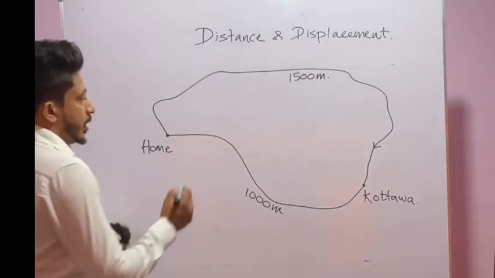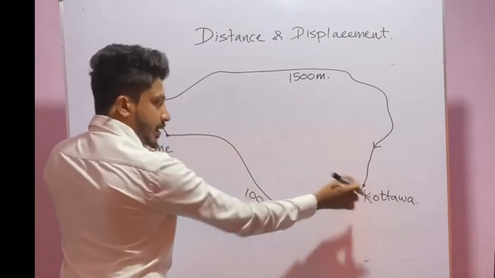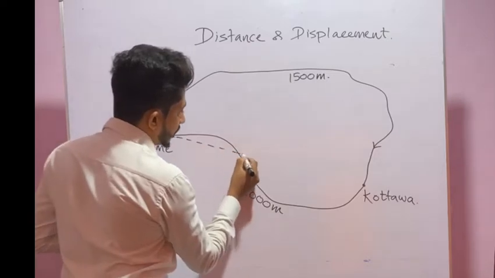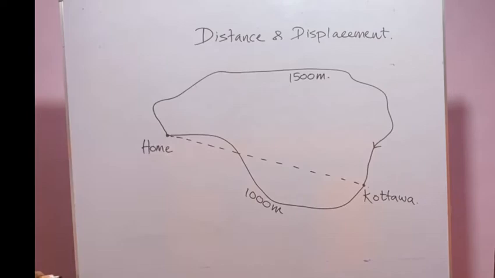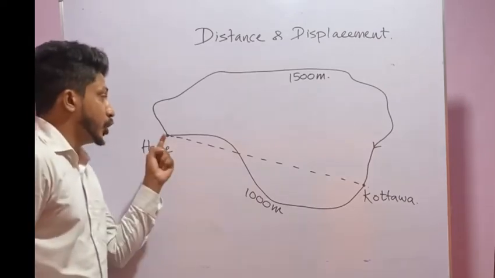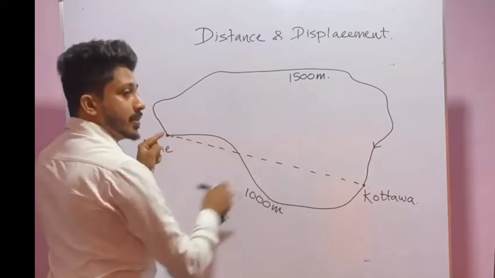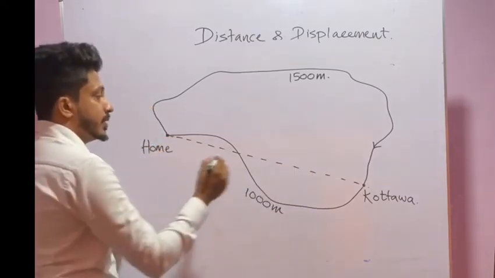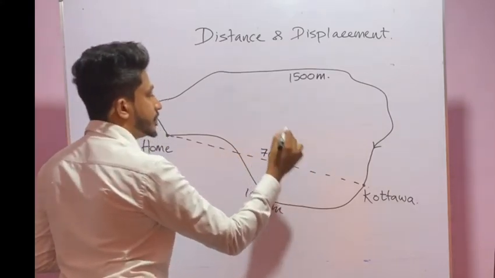If I join these two places with a straight line, it is the shortest distance between these two places. Let's say it is around 700 meters.